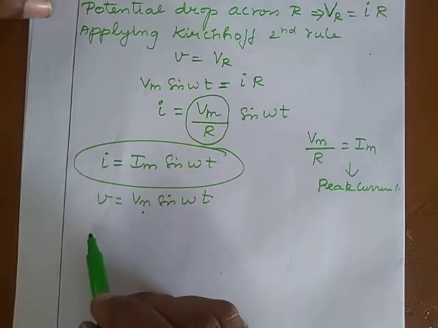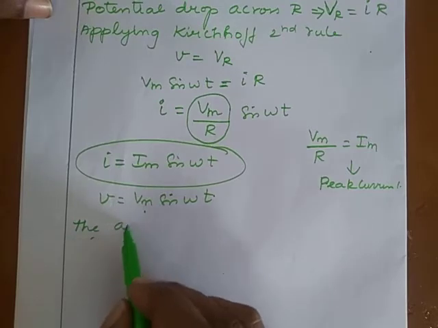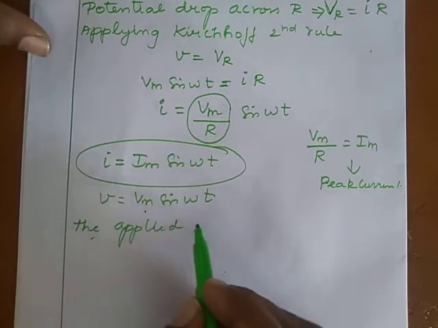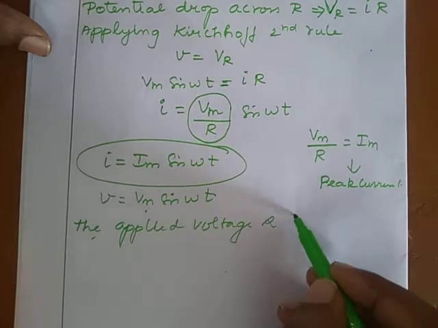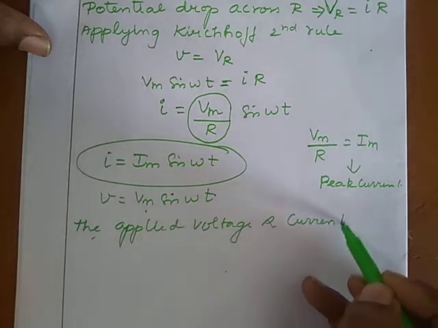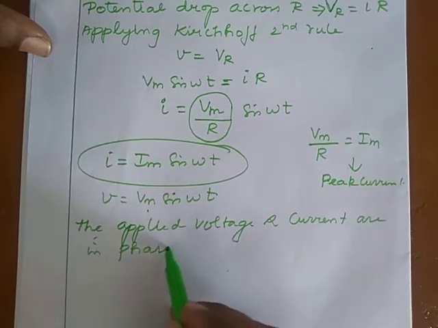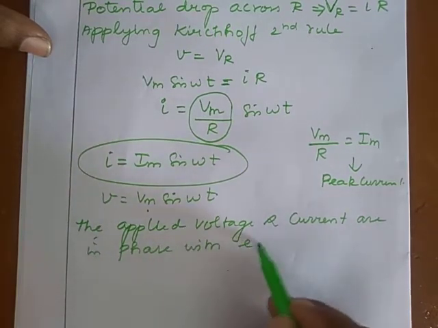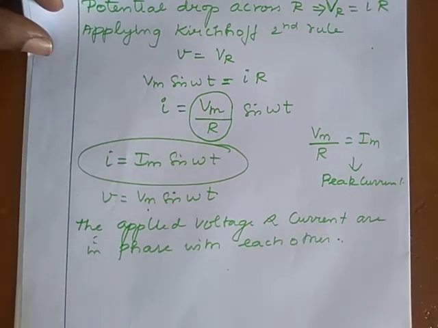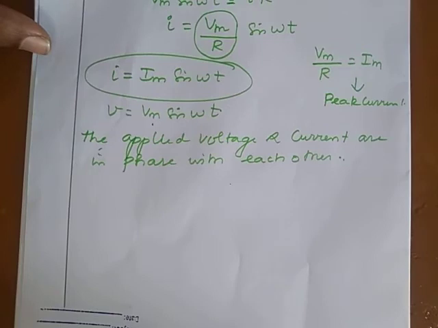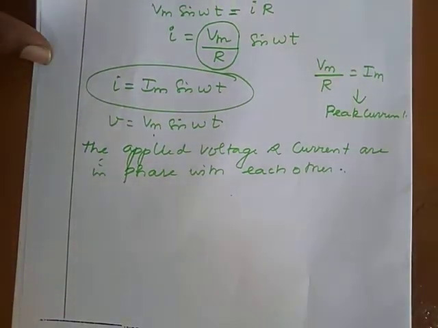So we can conclude that the applied voltage and current are in phase with each other. That means both the current and voltage reach their maxima and minima simultaneously.